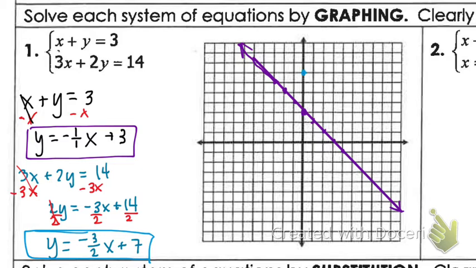Down 3 to the right 2. I'm going to keep doing that, down 3, right 2, until we cross. Whew, took a long time.